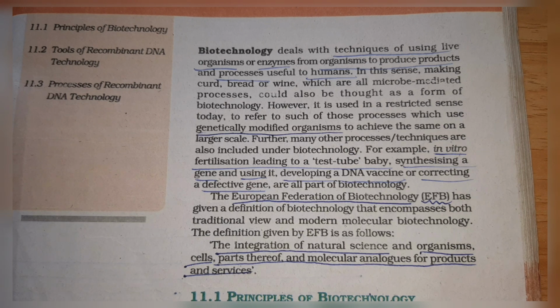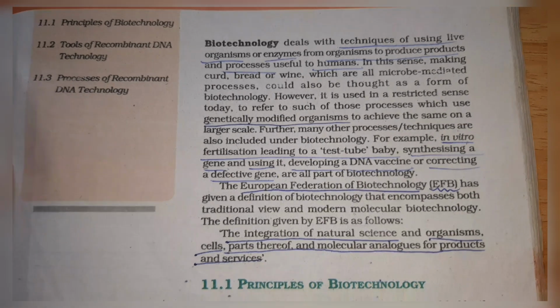Means this definition explains that we are taking the help of natural sciences and organisms, naturally existing organisms, as well as the molecular analogues, means the function we are producing through gene manipulation. This is the definition of biotechnology given by EFB. For products and services means for our own benefit we are producing new products and we are serving ourselves.